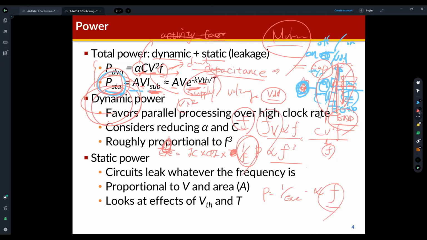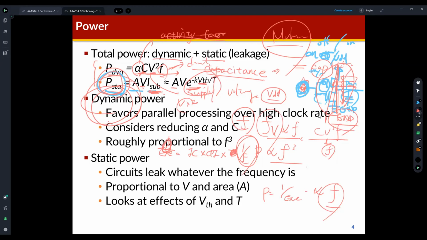Which means even though the software is not running on the processor, the processor is just turned on but nothing is running, this processor still consumes power because of this static power. Around 50% of power is consumed by this not working processor. It's a very serious problem.